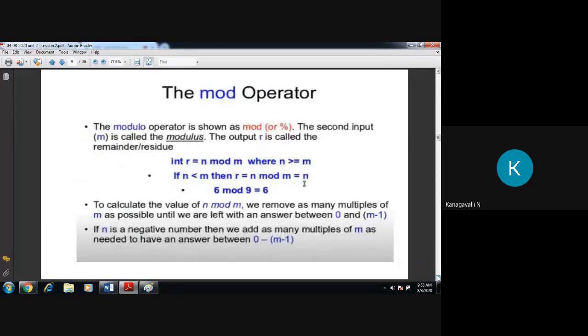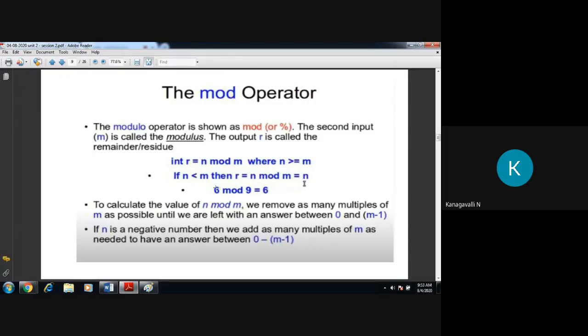Then see this, according to our modulo operator, once again, this is the case. See this positive integer. Don't just read that sentence, right? 6 mod 9 equals 6. Can you follow this? Here n is greater than or equal to m, and only when the mod value is the greater value can you do your normal division and get your residue, right?